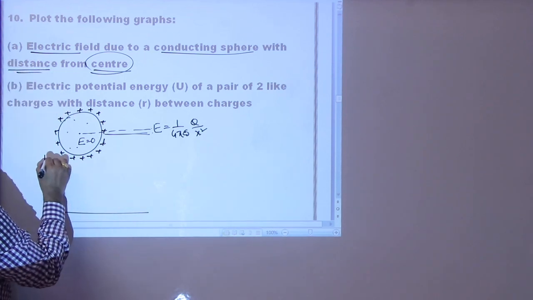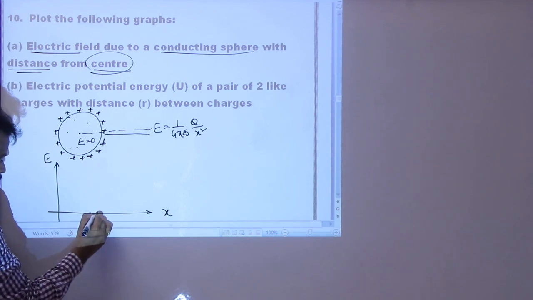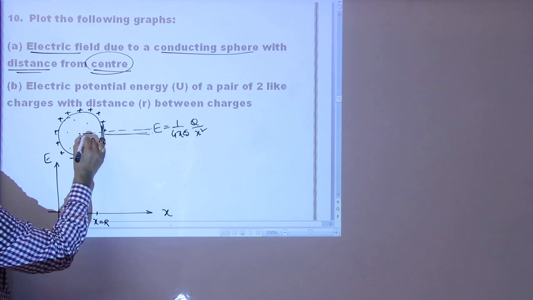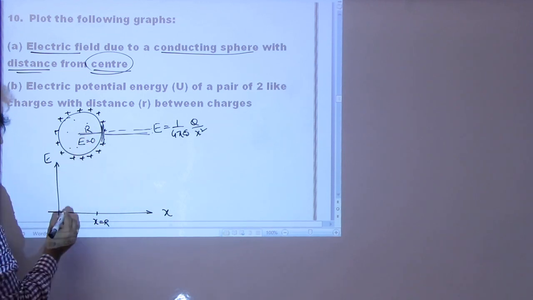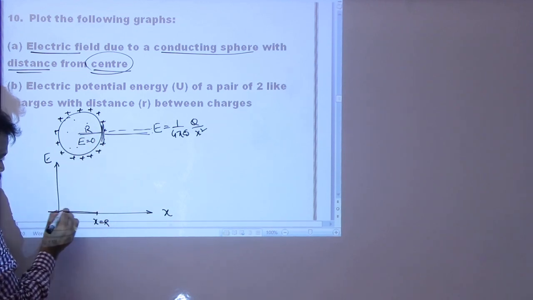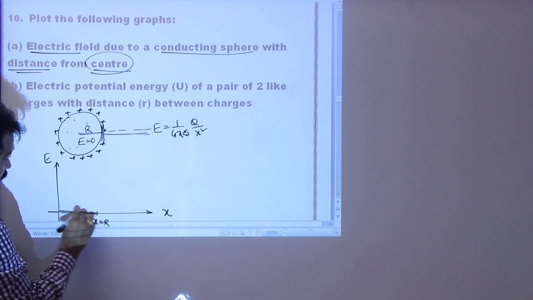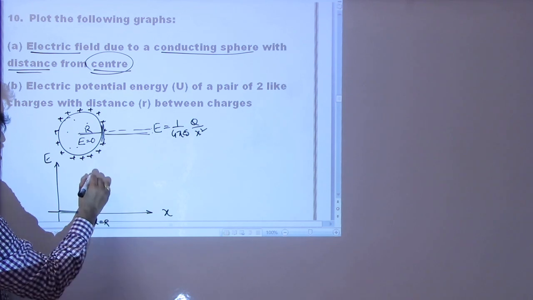Now, if you want to draw the graph for this one, let us say this is the electric field, this is the distance from the center, and this is the point where x is equal to r, where r is the radius of the conducting sphere. Till here there is no electric field, so the graph here will be along the x-axis. So here the electric field is 0.